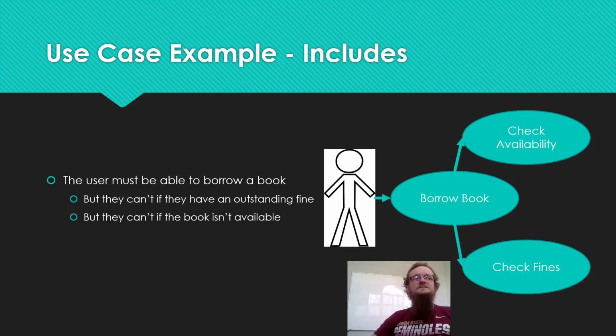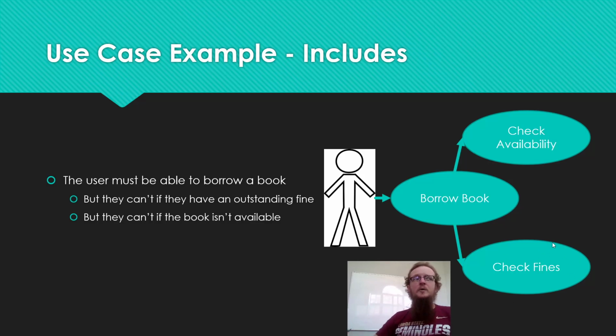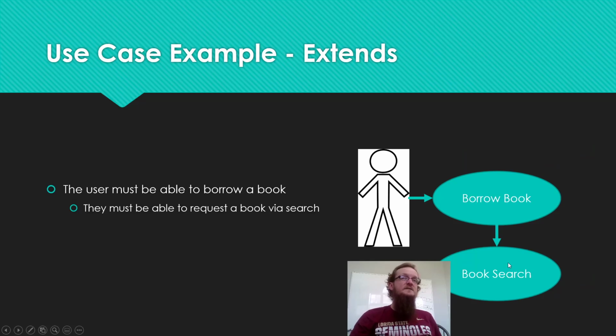What we have here is we have to be able to borrow a book, but potentially I don't want people to borrow a book if they have a whole bunch of outstanding fines, and I obviously can't let them borrow a book if I don't have the book to begin with. So here they're saying they should be able to borrow a book, but before we let them do that, we should first check availability, and we should also check to see if they have any fines.